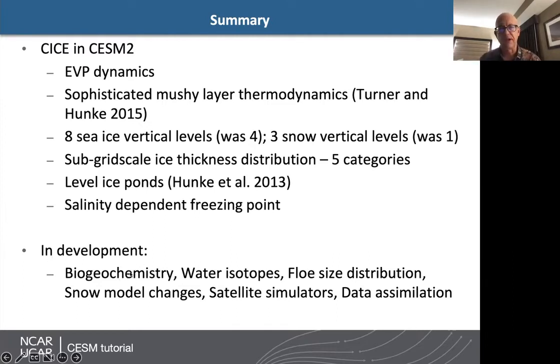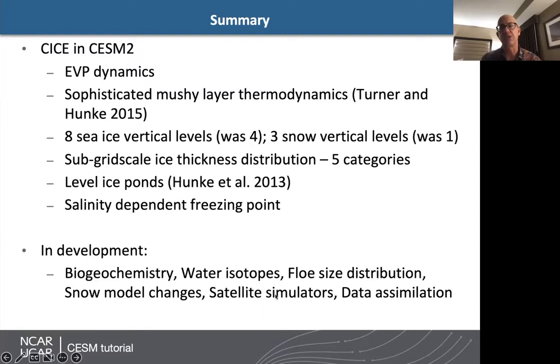We're currently trying to develop more in terms of the biogeochemistry. We've got water isotopes in there, but maybe you'll hear about it, I think there's been some issues with the isotopes and we're not quite there yet in the fully coupled system, but it's there in the ice. But we're going to have a new way to represent all those individual floes that you saw on some of the earlier pictures, and some more sophisticated snow physics to account for blowing snow and other things.